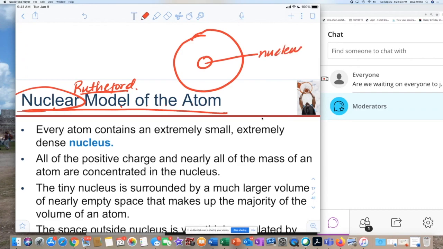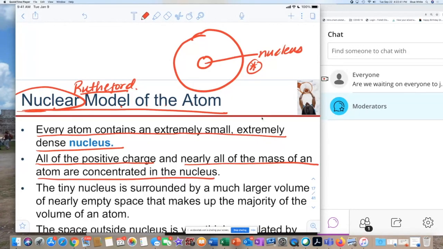So most of his discovery and his discussion is all about the nucleus. He says every atom contains an extremely small, extremely dense nucleus. And then he says all of the positive charge and nearly all of the mass of the atom are concentrated in that nucleus. That nucleus is positive. But that nucleus is small, but it's also very, very hard.